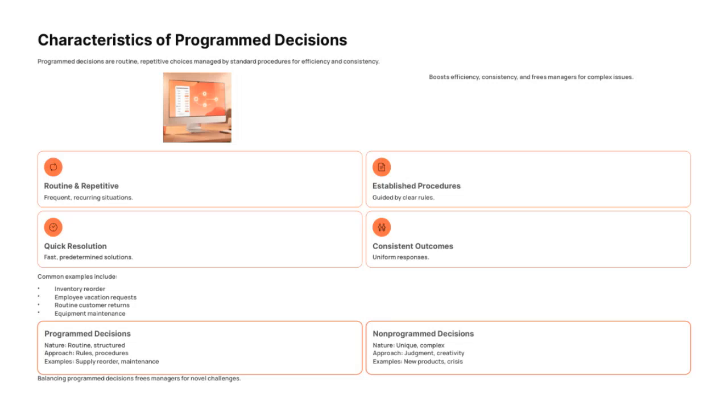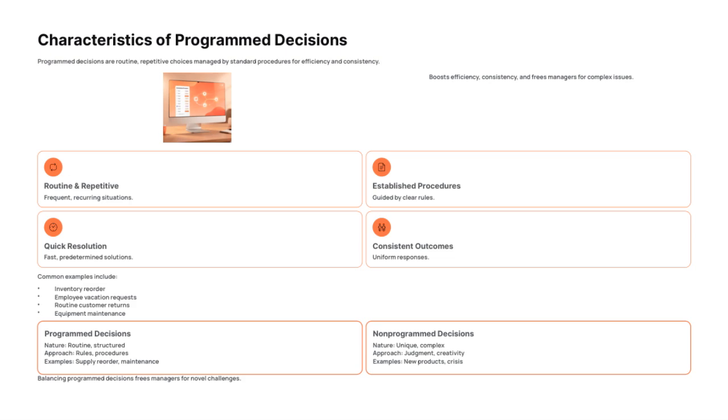On this slide, we're looking at how balancing programmed decisions can actually free managers to focus on more novel challenges. Now, when we talk about the nature of programmed decisions, they tend to be routine and structured. That means they follow established rules and procedures, making them predictable and straightforward to handle. Examples include things like reordering inventory, approving employee vacation requests, handling routine customer returns, or scheduling equipment maintenance.